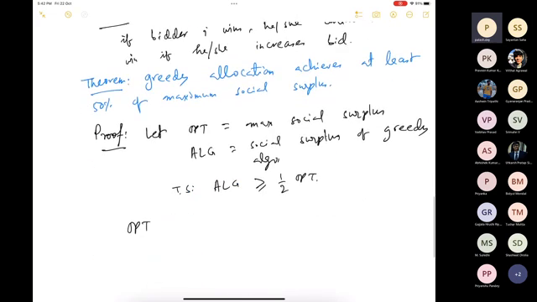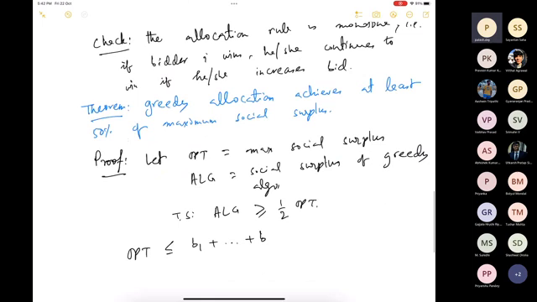So opt is less than or equal to B1 to, sorry, not BK, BK plus 1.